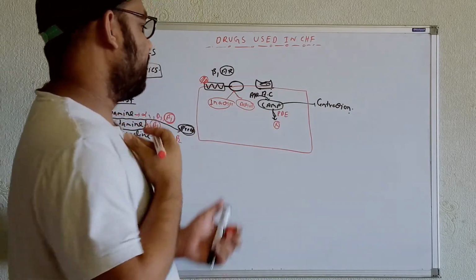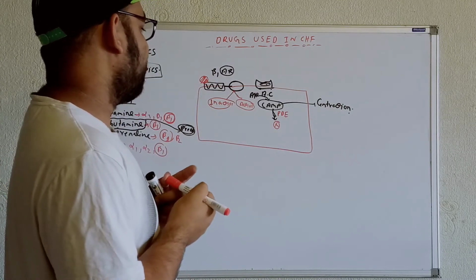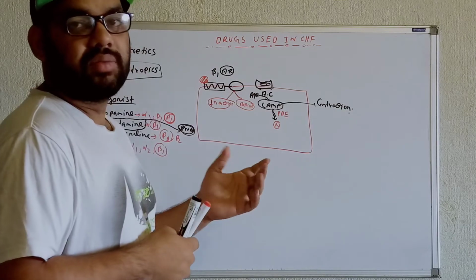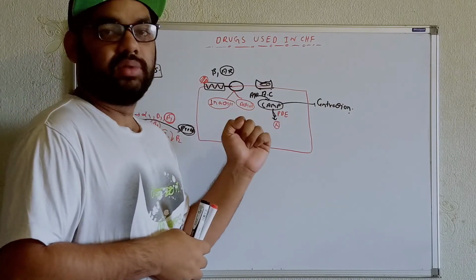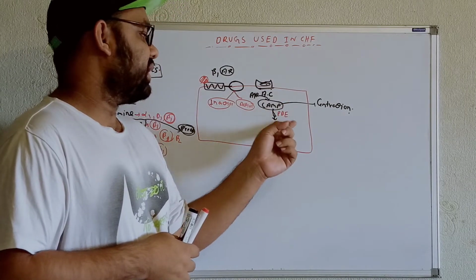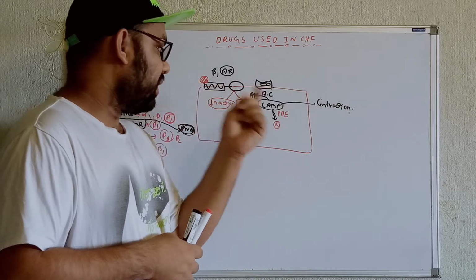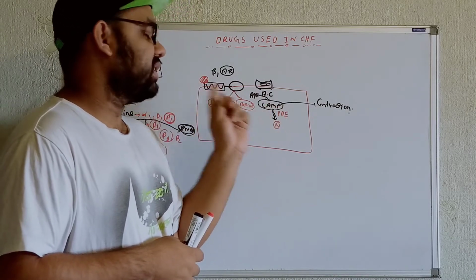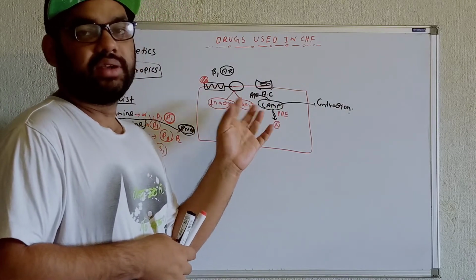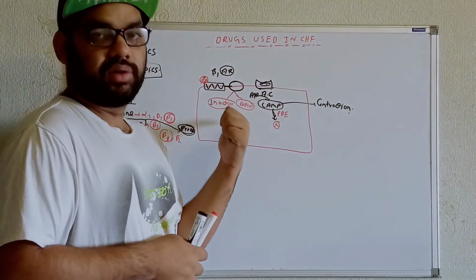Now if you want the heart to contract continuously, in cases of congestive heart failure, then you can use alternative drugs that will block the phosphodiesterase enzyme. Whenever we use the phosphodiesterase inhibitor, it will not let the phosphodiesterase break down the cyclic AMP. As a result, the concentration of cyclic AMP will be more, so the duration of action will also increase.